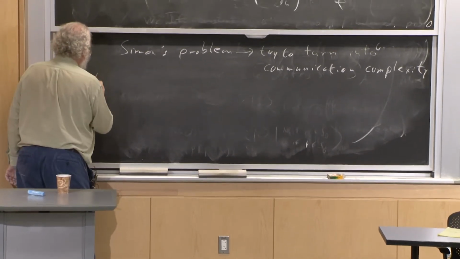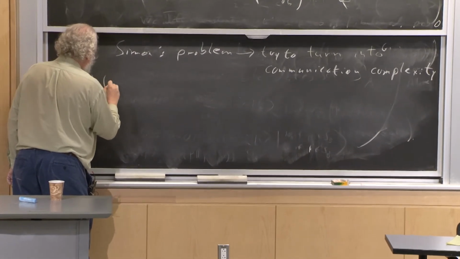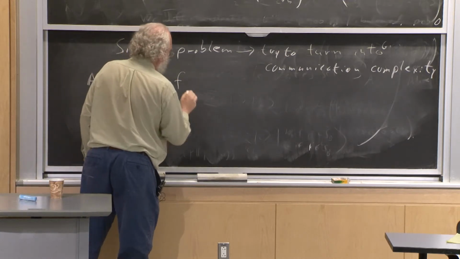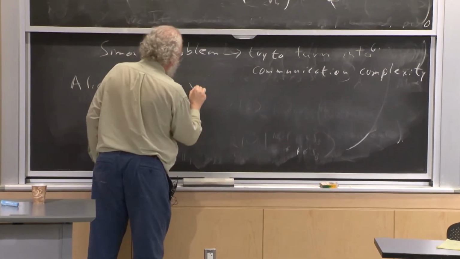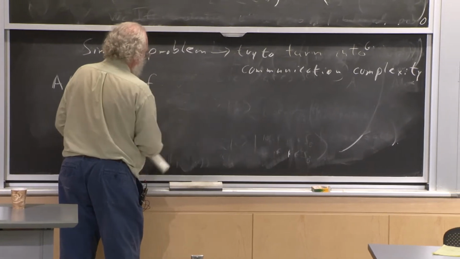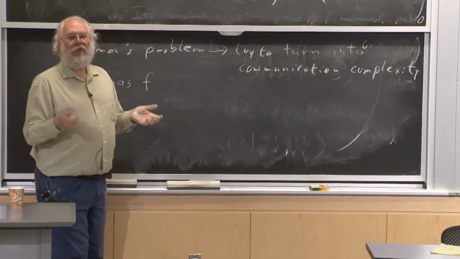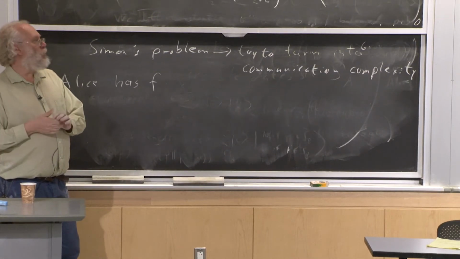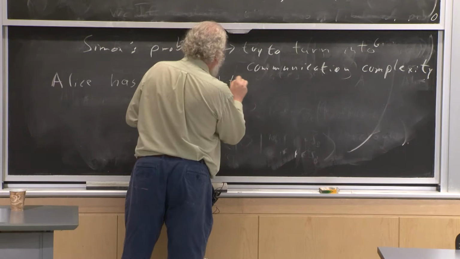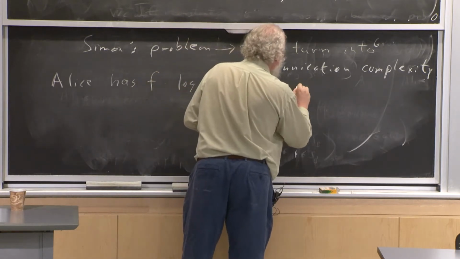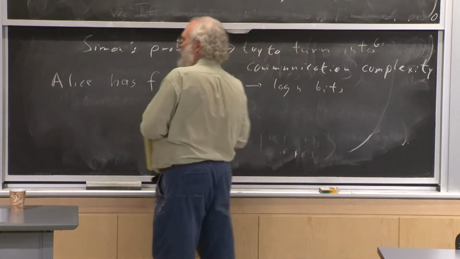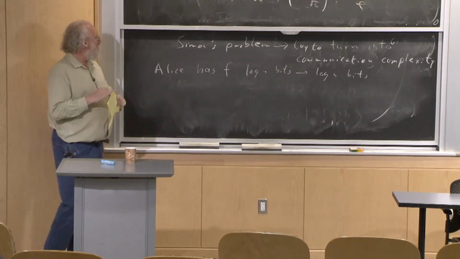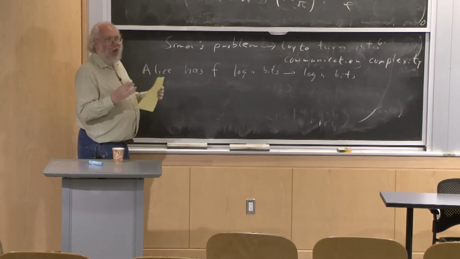So Alice has function F mapping, well, F maps log n bits into, now, presenting this to you, I may discover that I'm wrong about this, but let's try to do this for Simon's problem anyway.